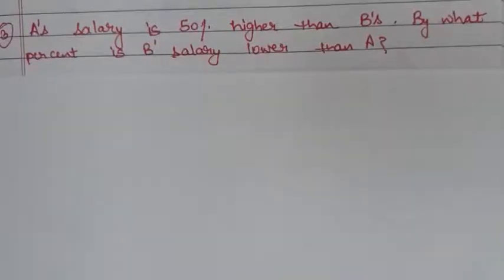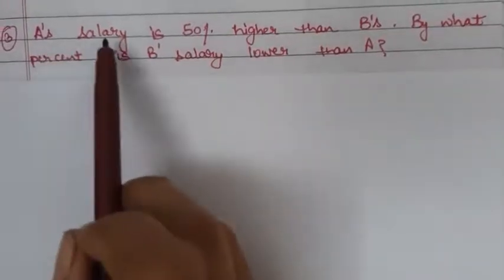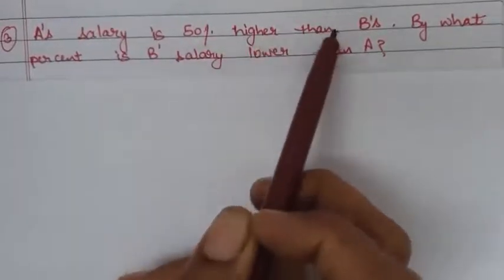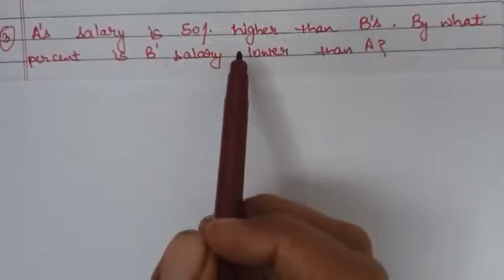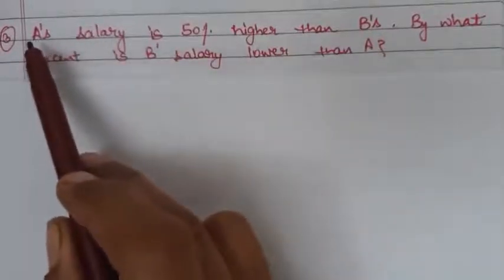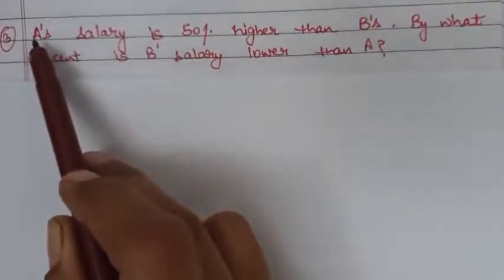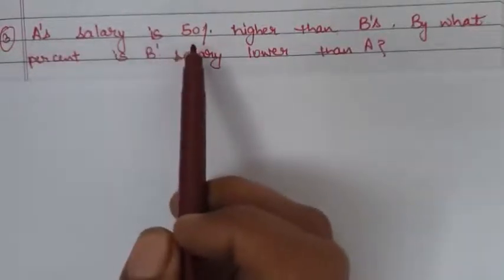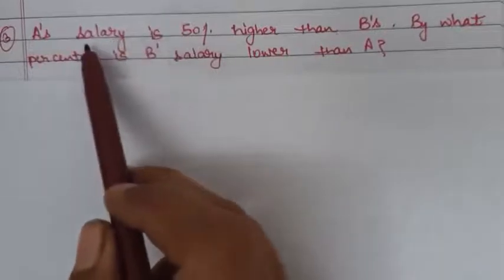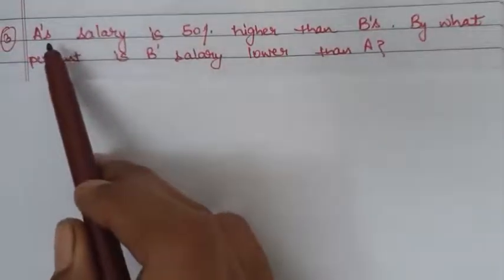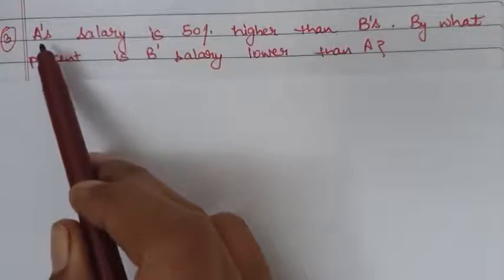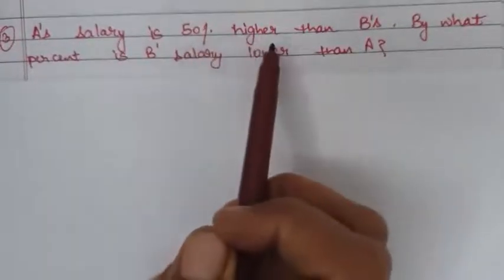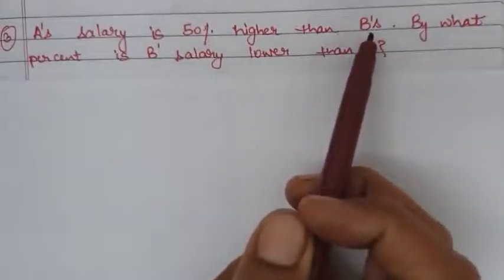Next question is, A's salary is 50% higher than B's salary. The person has been given the name A, whose salary we don't know, but we know that A's salary is 50% higher than B's salary.